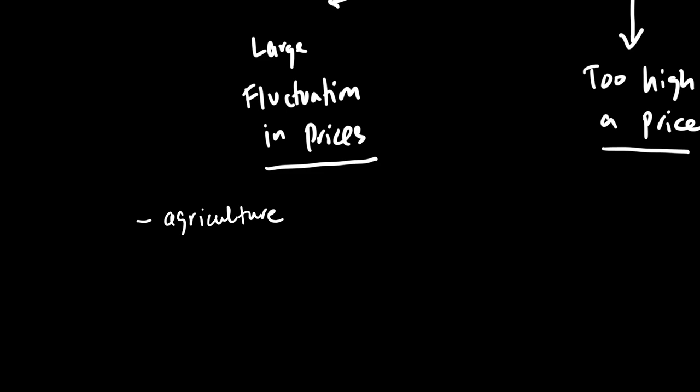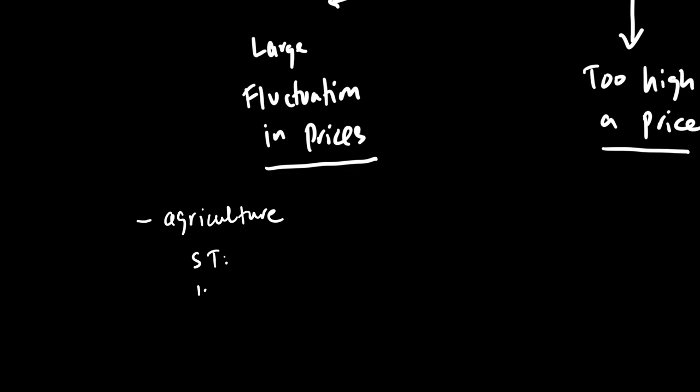Because the supply fluctuates and is not in the control of farmers, there could be large fluctuations in prices, and that large fluctuation in a very short span of time may result in problems for producers, both in the short term and in the long run. In the short term, if there's too much fluctuation in prices, it gives a conflicting or wrong signal to producers.